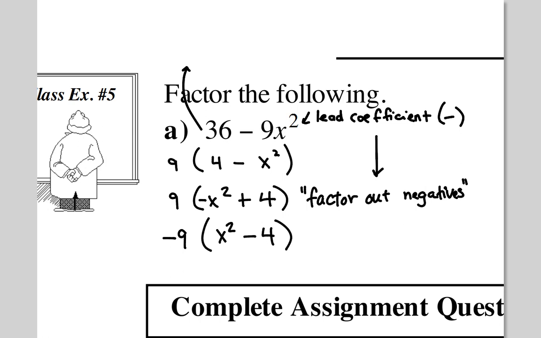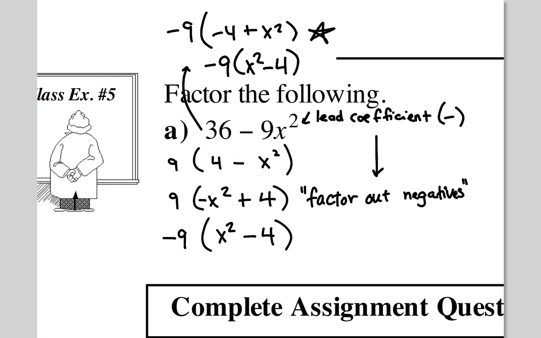So right off the hop, I'll take out a negative 9, and then I would get a negative 4 plus an x squared. And that just looks weird, so I would, myself personally, do that rearrangement all in the same step, and I would get to this x squared minus 4 in one step. I wouldn't even do this step that I started with. But I'm pretty confident. If you guys are not, show all your steps.